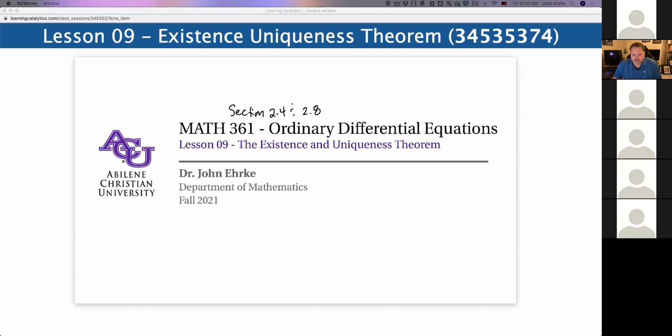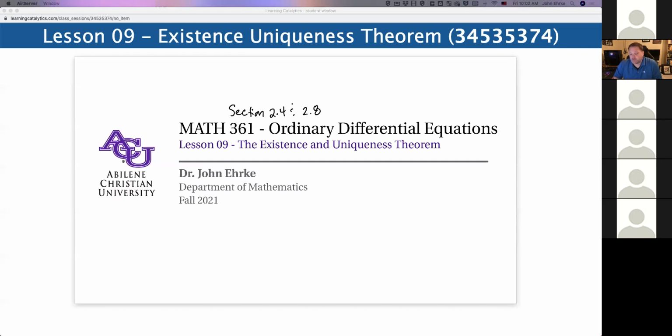So section 2.8, I don't particularly like the way they've handled. What I'm going to do is try to give you all the useful applications of the theorem that's introduced in section 2.8. So I'm going to focus on the applications rather than the proof. If you would like to read the proof of the existence uniqueness theorem, you can read through section 2.8 for that, although it will not be useful for us in this course.